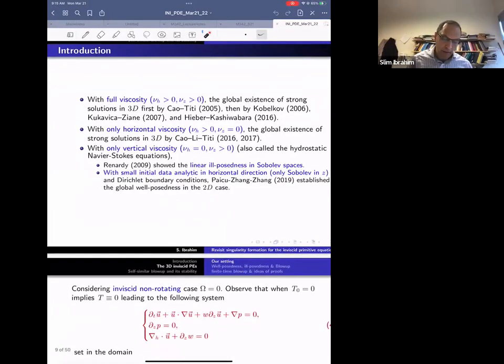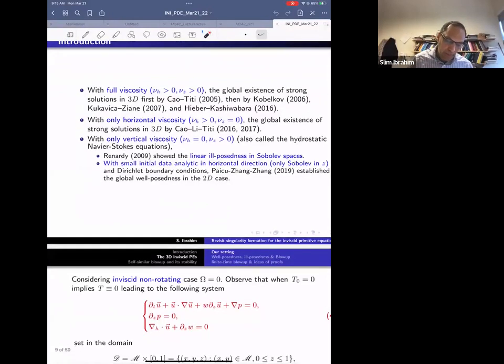Now, when you relax these conditions on the diffusion, if you assume that you have only horizontal diffusion and you let the vertical diffusion be 0, which is physically the most relevant case, the global existence was established also by Cao, Li, and Titi.